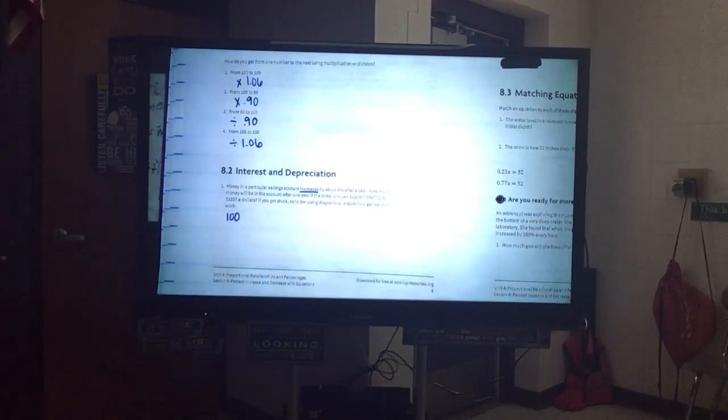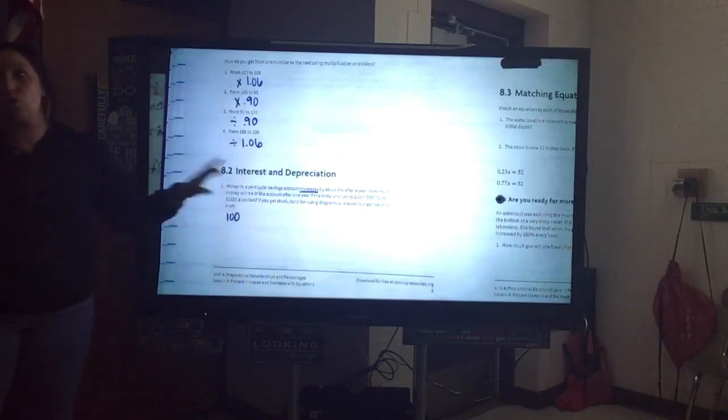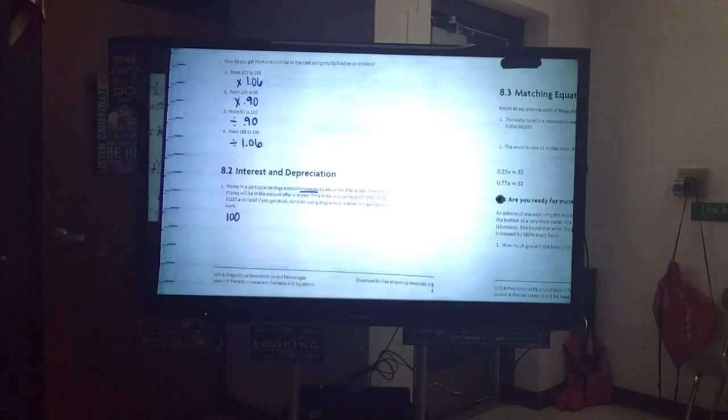But these are also not percents, right? These are just numbers. So I will let you know you're not gonna divide. What do you think, Jack? Multiply by 0.6, because it's a percent and it's easier to.